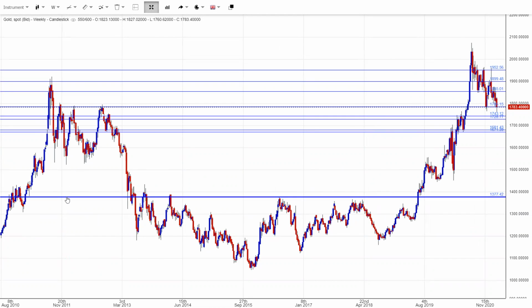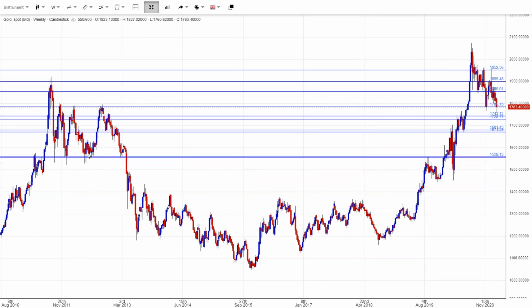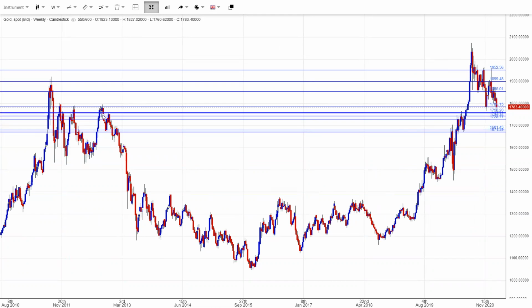All right, so this week we had a level ending here, so it was in alignment with this top here, this top.